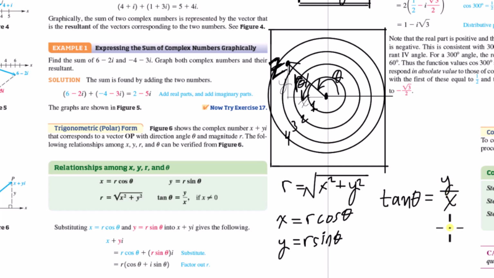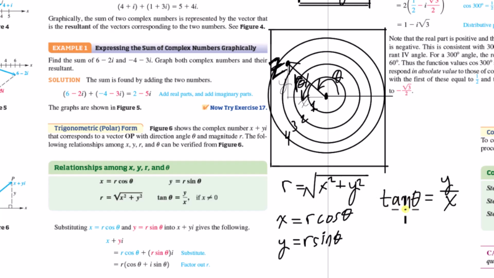If we got a negative ratio, we know we're in quadrant 2 or 4. With a positive ratio, we know we're in quadrant 1 or 3, but we don't know which. But if we have some information about the rectangular coordinates, we can figure out what quadrant we're in, and put two and two together to figure out what the actual angle theta is.